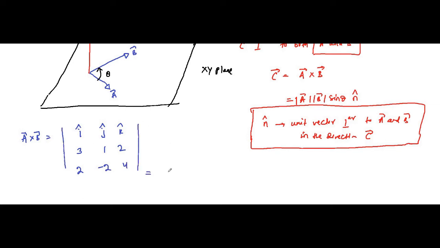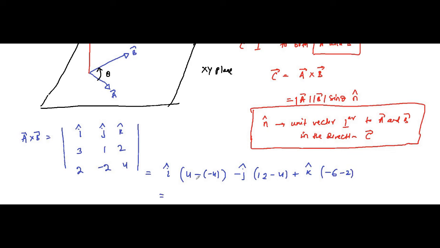It will be i cap times 1 into 4 minus 2 into 2, which is 4 minus 4, then minus j cap times 3 into 4, that is 12, minus 2 into 2, which is 4, then plus k cap times 3 into minus 2, that is minus 6, minus 2 into 1, which is minus 2.